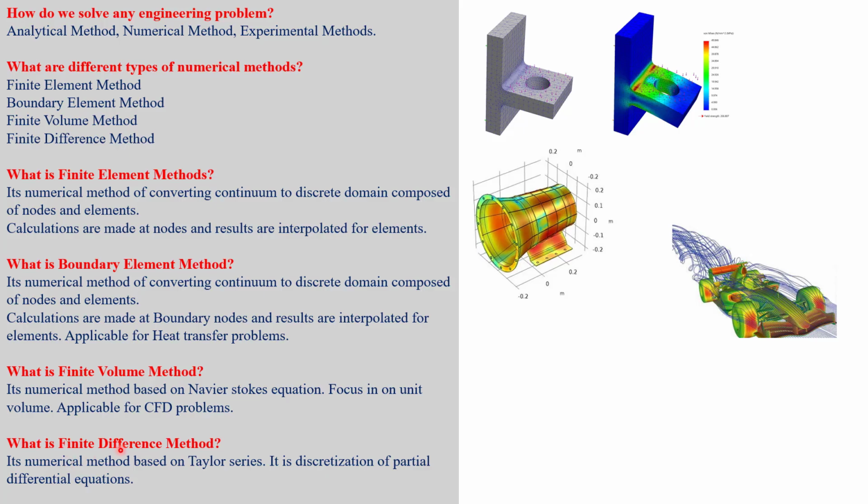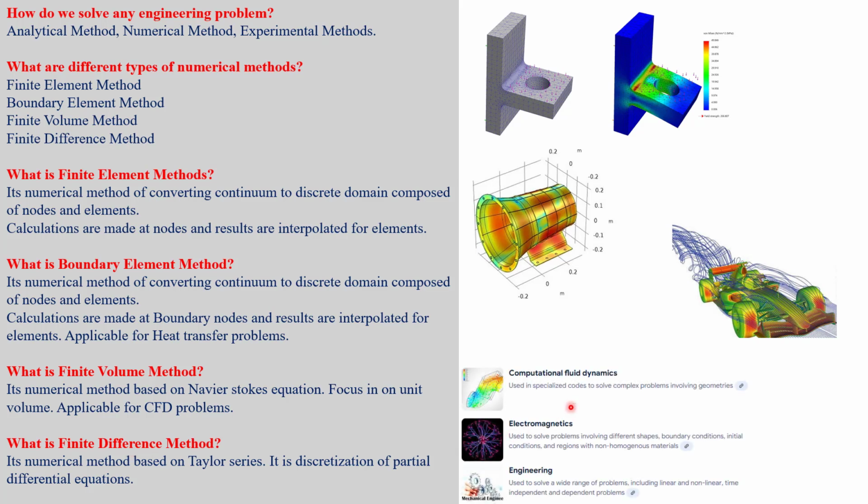It is mostly used in advanced level analysis: computational fluid dynamics, electromagnetics, and engineering where we deal with nonlinear and dynamic time-dependent analysis. We use the finite difference method, very important. Everyone mostly knows the other terminologies and tries to link everything with them, but the finite difference method also plays a very important role. Hope this is clear. Let's jump into the next slide.